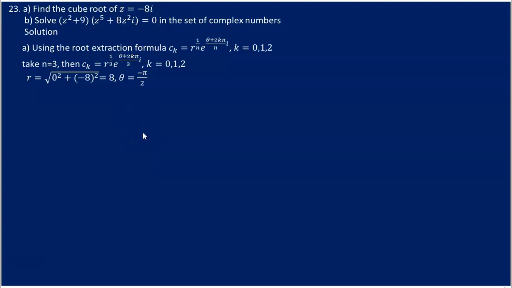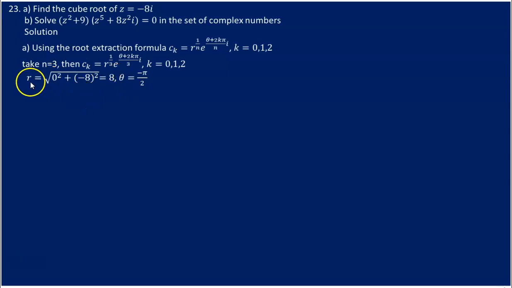And as I tried to explain earlier, as you are measuring the angle starting from the x-axis, you are going to have a clockwise direction. As you are moving in the clockwise direction, you will finally come across 90 degrees, because this is negative 8 lying on the negative imaginary axis on the complex plane. So theta is minus pi over 2.